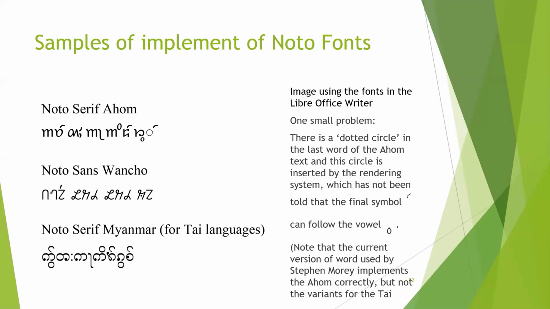We can see here one small problem, because in the Noto Serif Ahom there's that little dotted circle, and this is because the system has not accepted the fact that the final symbol, what's called the killer, can follow the vowel O. Now you'll notice that I have written those symbols with a different font in my script on the right-hand side than I have written using LibreOffice Writer. The reason for that is that the part on the left of the screen is a screenshot of LibreOffice Writer.